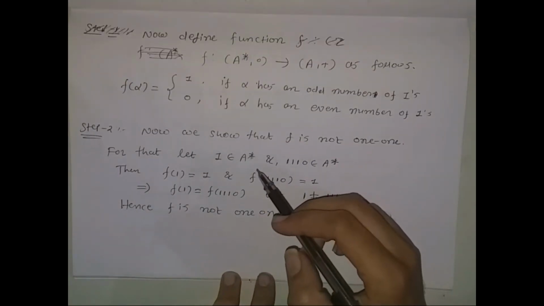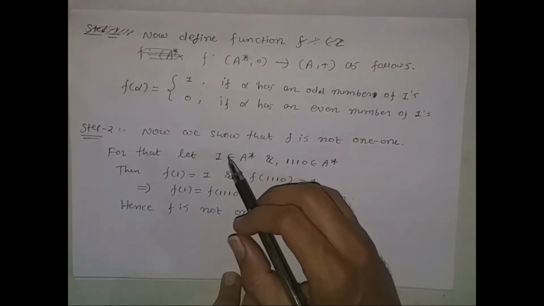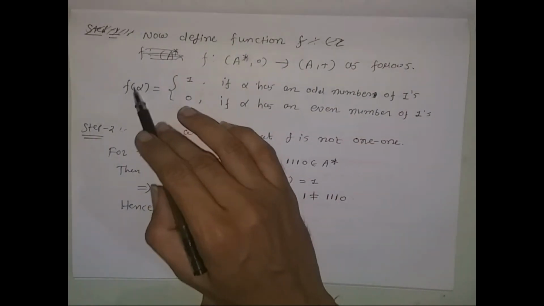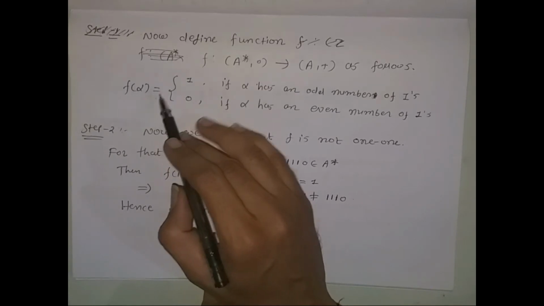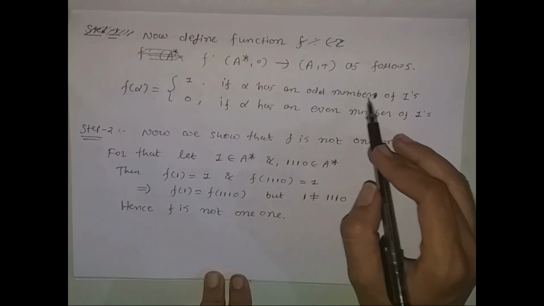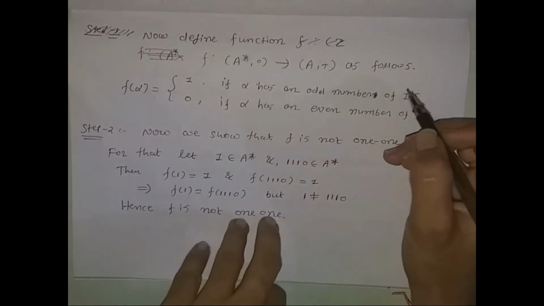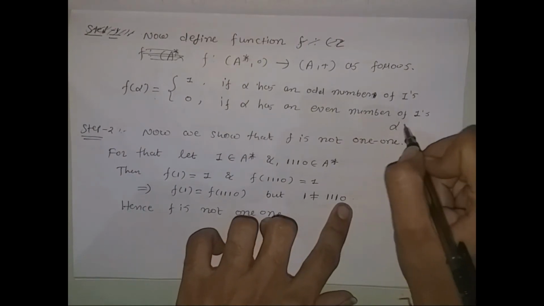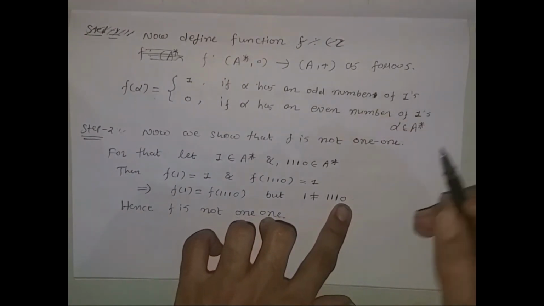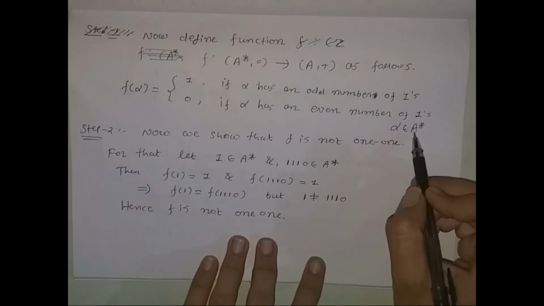Now define a function f from A star to A as follows. We define f of alpha is equal to 1 if alpha has an odd number of ones. We have considered alpha from A star. What is A star?